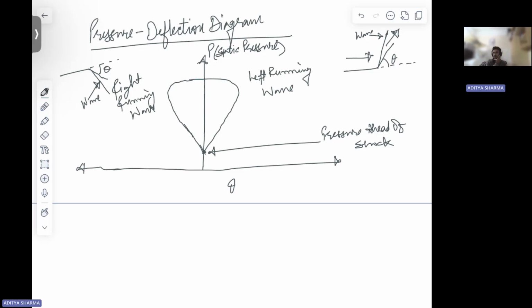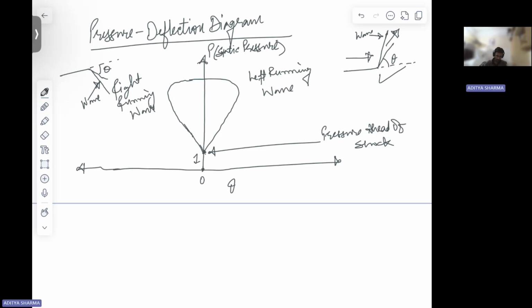So this basically is your right running wave, and this is your left running wave. So positive theta values are for your left running wave and negative theta values for your right running wave.